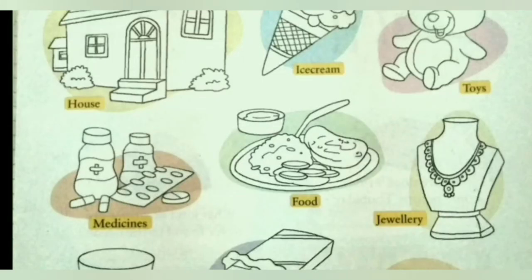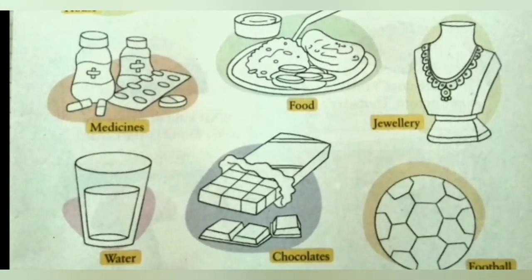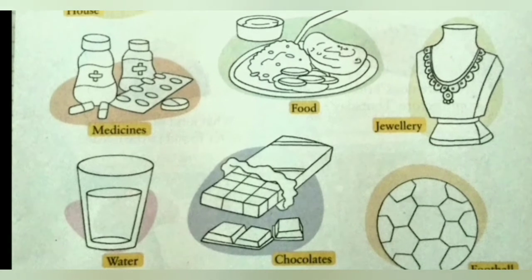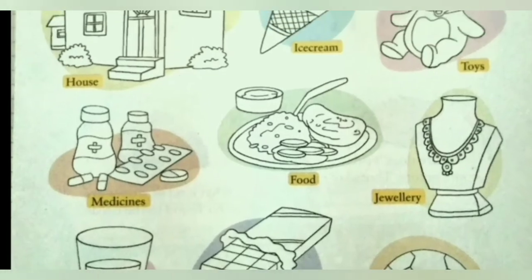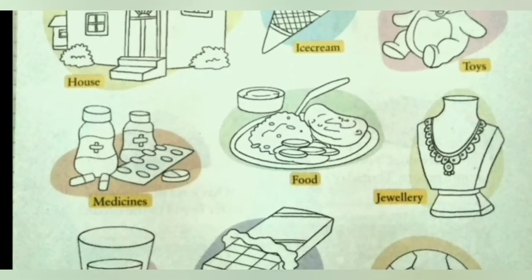On this page, you can see a picture of a house, ice cream, toys, medicines, food, jewelry, water, chocolates and football. What you have to do is identify the needs and wants.